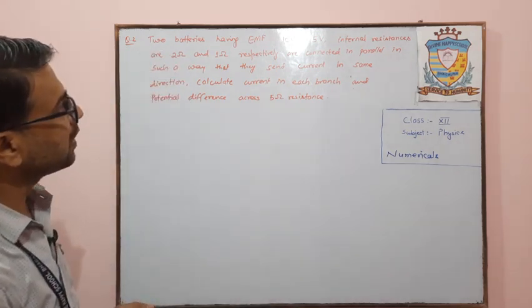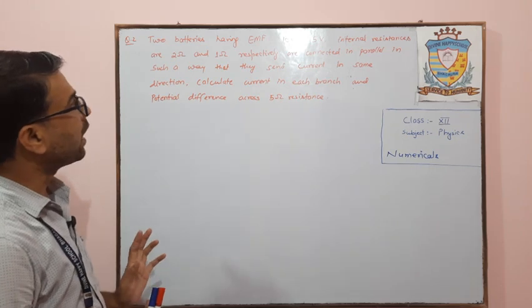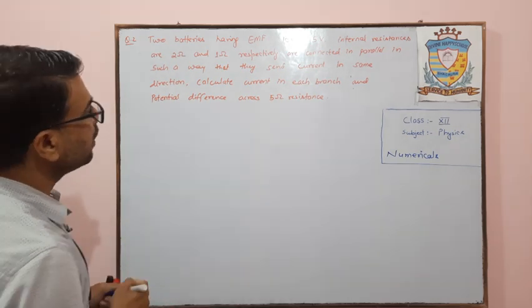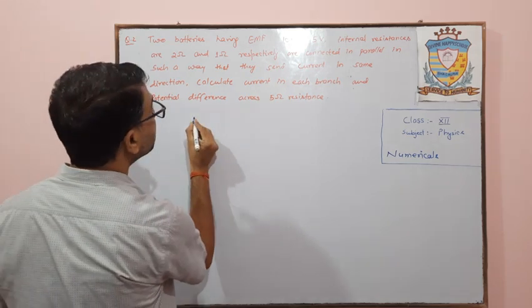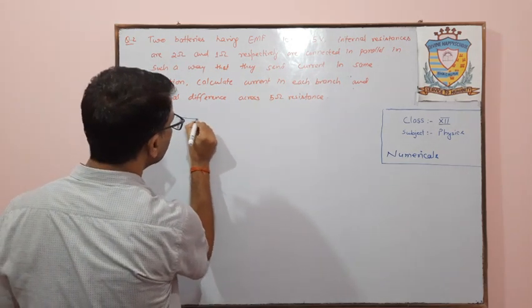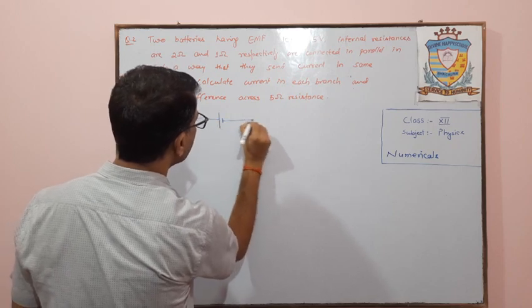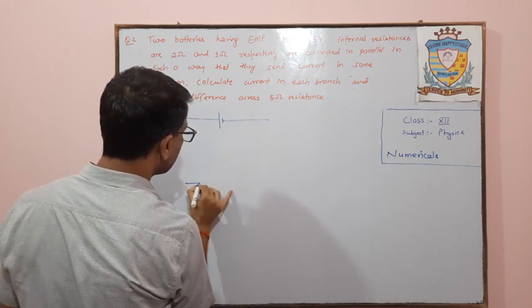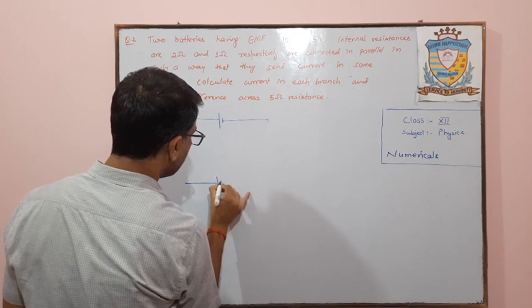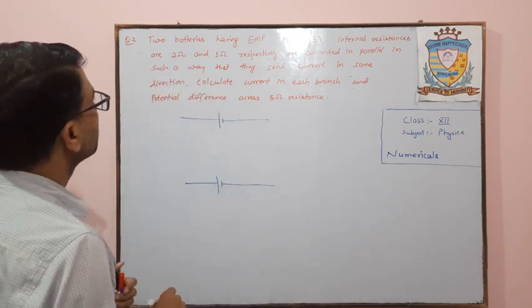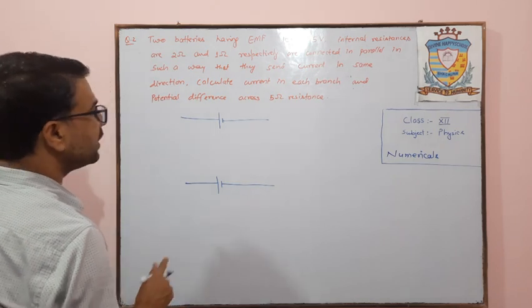Two batteries having EMF 10 volt and 5 volt are connected in parallel. First we'll think in this direction. So we have two batteries and they are connected in parallel in such a way that they send current in the same direction.